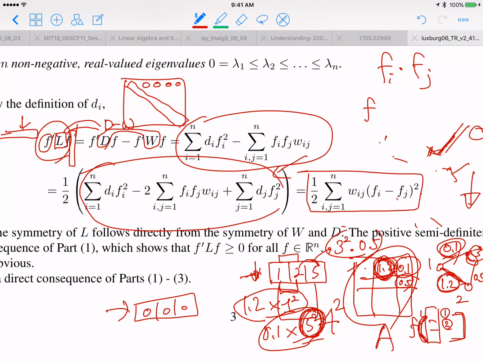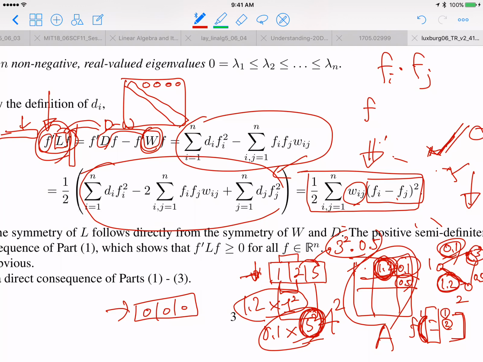For this vector f, we have the freedom to choose whatever values it contains, but this scalar value will be a weighted sum, where the weight is our edge weight from the adjacency matrix W, and at the same time, each term is a squared difference between two elements, or two scalar values, in the f vector.